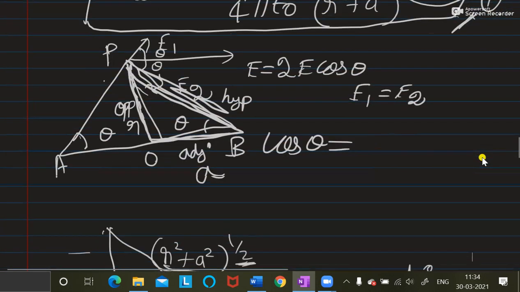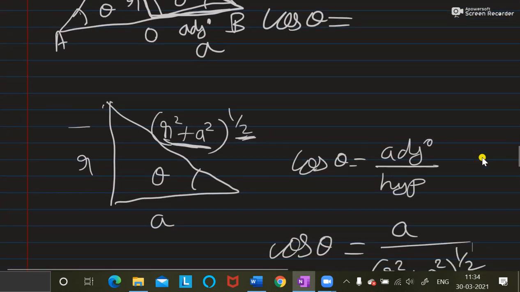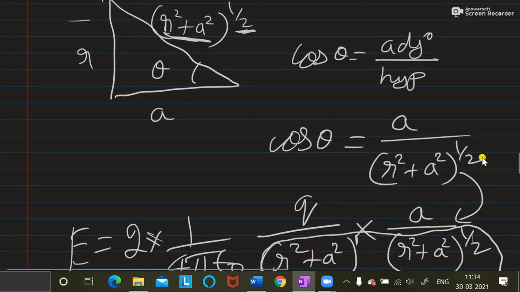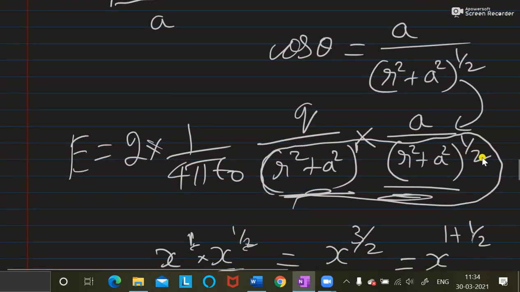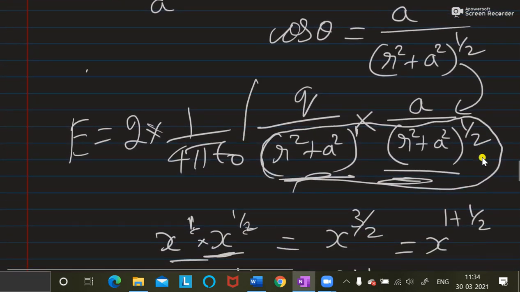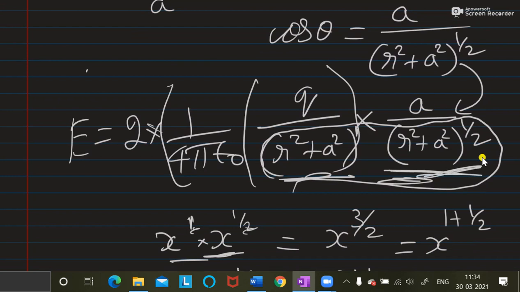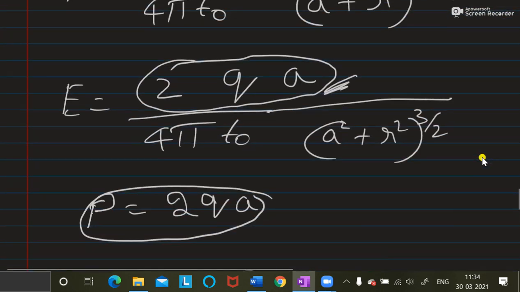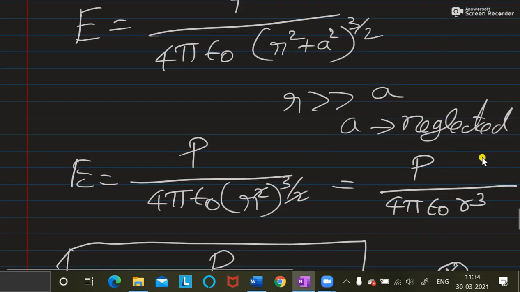If you substitute the distance, finally you will get 2 times E cos theta. We found cos theta also. In this equation, I am substituting the E value with cos theta, then I am simplifying this equation. Finally, I will get the equation as P divided by 4 pi epsilon naught r cube.